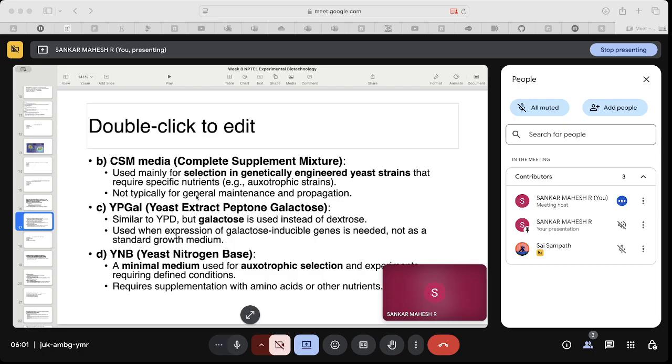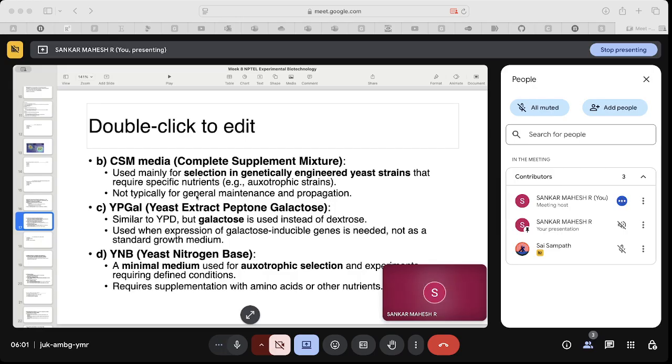If that gene codes for an enzyme, then the cell will not be able to produce a particular metabolite. In those cases, we need to supply that metabolite for its growth. So typically the CSM media is used in those cases.